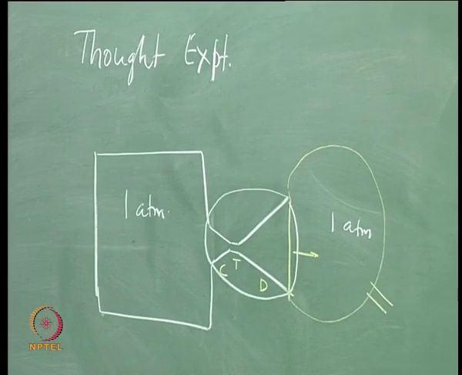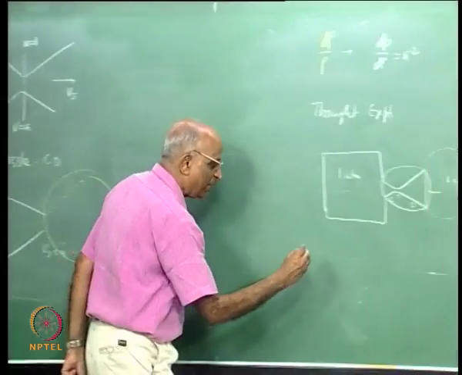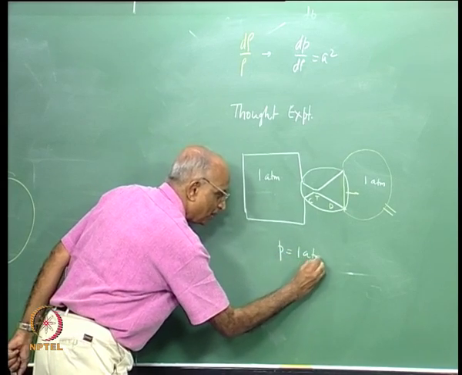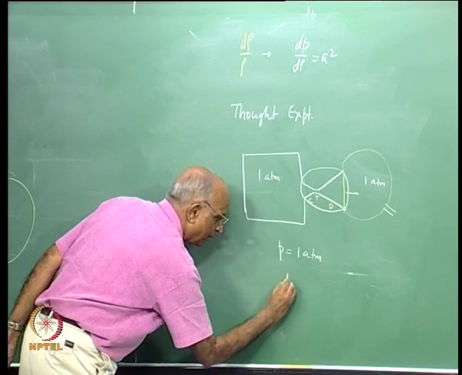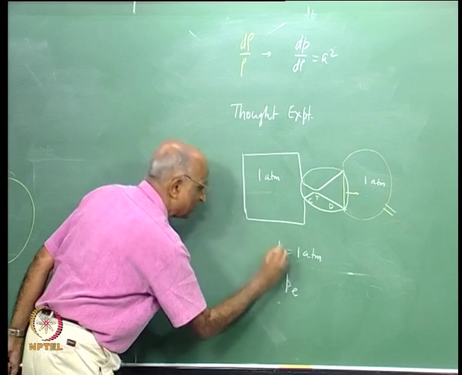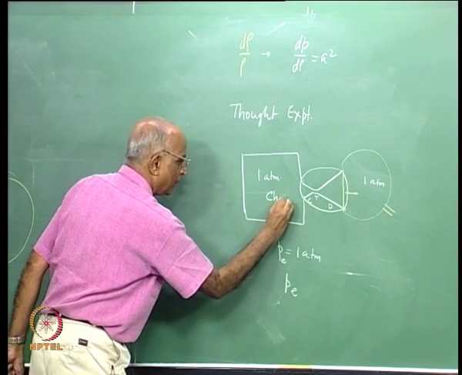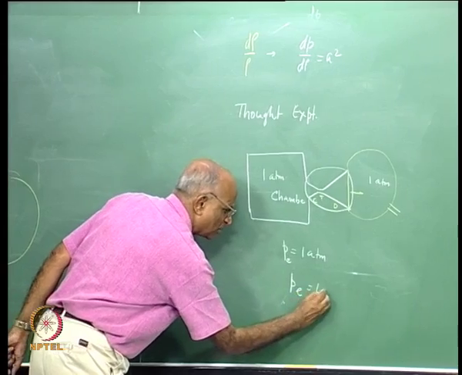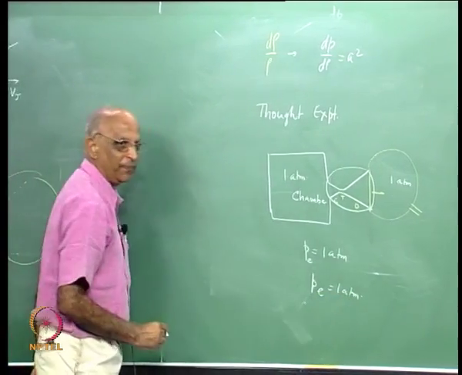Let us say the pressure in the tank, the chamber, PC, is initially 1 atmosphere, and PE, the pressure outside, is also 1 atmosphere to begin with.